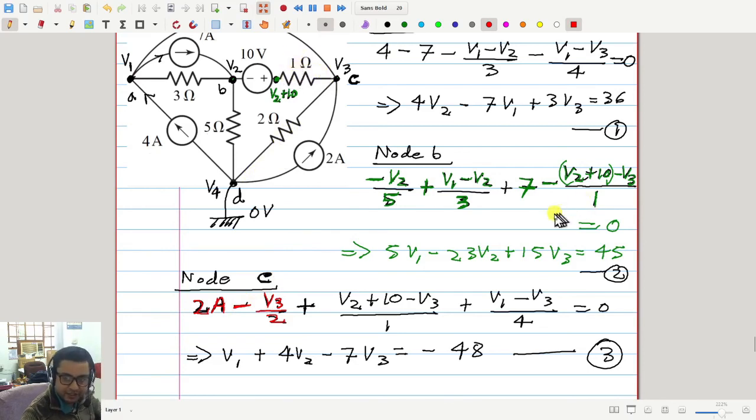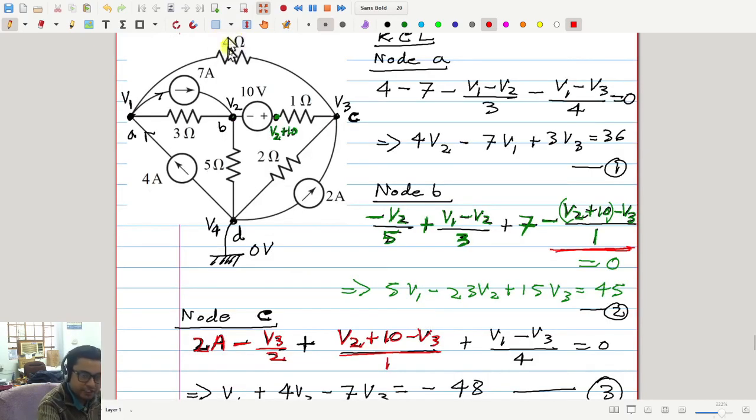That we have already calculated previously here. So this much current is coming in through the 1 ohm resistance. And from this 4 ohm branch, the topmost branch, (V1 minus V3) divided by 4 is coming in. Is that fine?